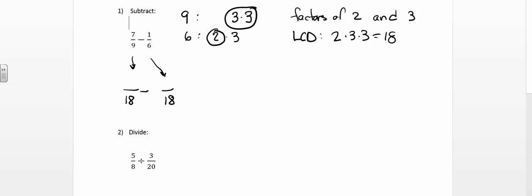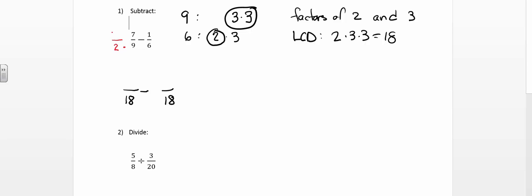We're going to try to put those both over a denominator of 18. Okay, so if I look at my 7/9, what do I need to multiply to get the denominator to look like 18? Well, I need to multiply 9 times 2, right, and that'll get me to 18.